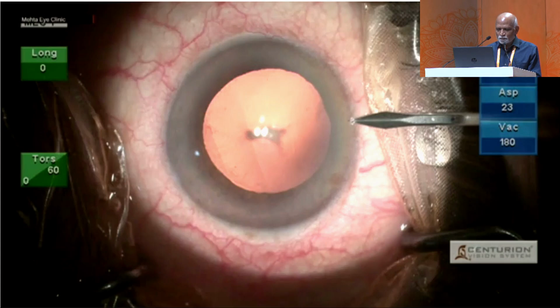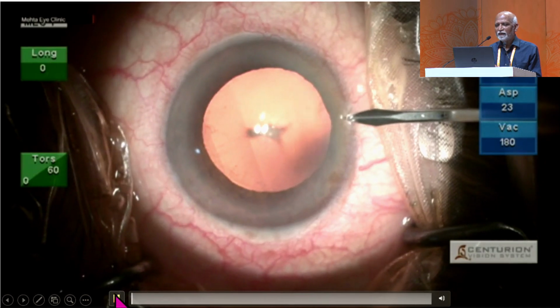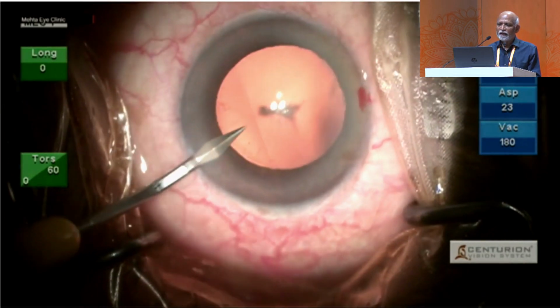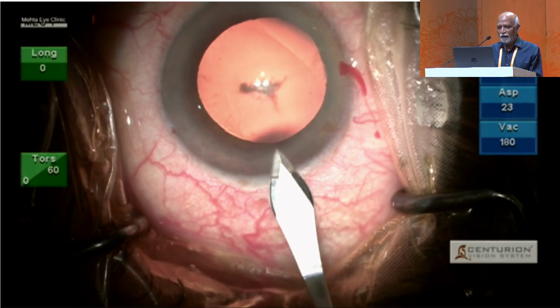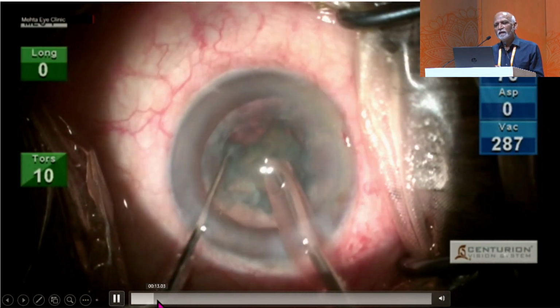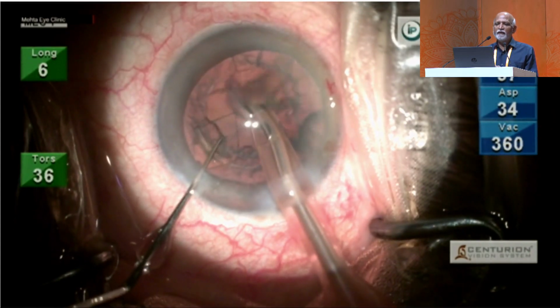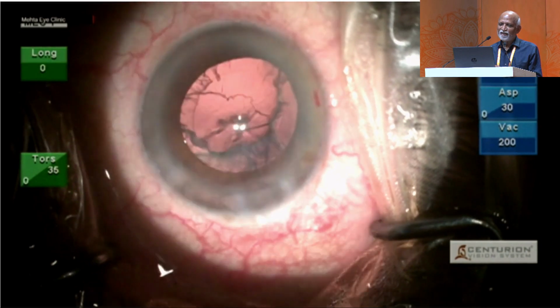If you look at this particular case, it's absolutely a routine case and it's proceeding very nicely with incisions and rhexis and everything. And sometimes the complication hits you suddenly and wakes you up from your routine.